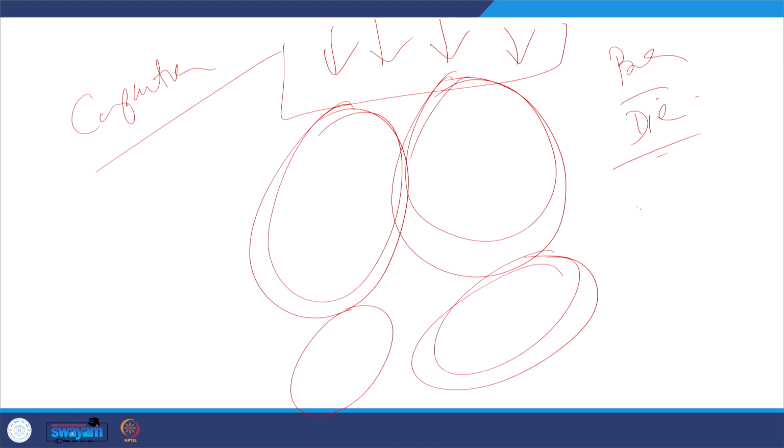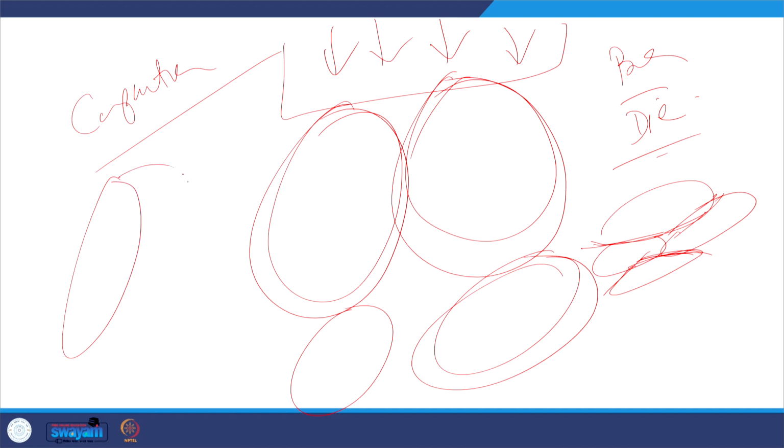When they deform, they get flattened and come in contact with each other due to this plastic deformation. Once the powder particles have come in contact with each other, it results in mechanical interlocking.